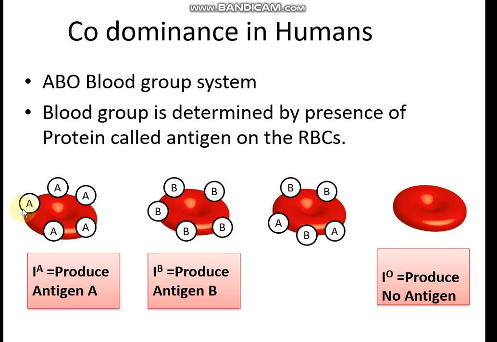If the red blood cell contains A antigen, it is called blood group A. If the person has red blood cells having B antigen, the person will have blood group B. And if the person has both A and B antigens on the red blood cells, the blood group will be AB. And if the person doesn't have any antigen, O means zero, there is no antigen, the person will have blood group O. These are the four blood groups.